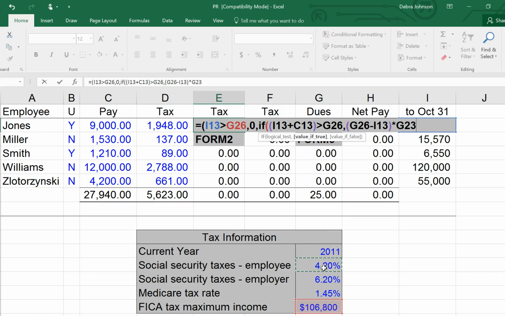The only other possible thing that could happen is his taxes are well below that of the maximum, so his entire payroll for this period will be taxed.